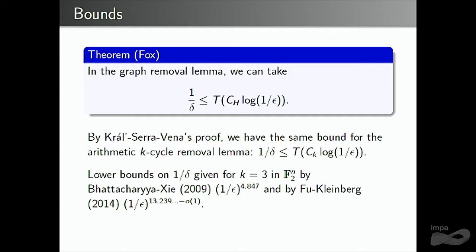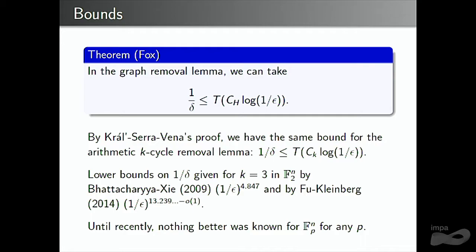Now, in terms of lower bounds, this was studied in F_2 to the n, and Bhattacharyya and Xie gave a lower bound on 1 over delta, which is 1 over epsilon to some power. And then Fu and Kleinberg improved this exponent, so they gave a lower bound in F_2 to the n for triangles of the form 1 over epsilon to the roughly 13.239.